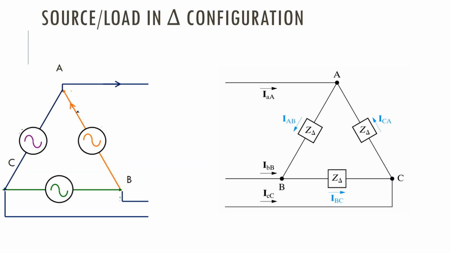Similarly, we can have a source or load in delta configuration. This is the delta configuration, right? We discussed the source in delta configuration here, and the load in delta configuration here, and the Z delta are all the same, a balanced load.